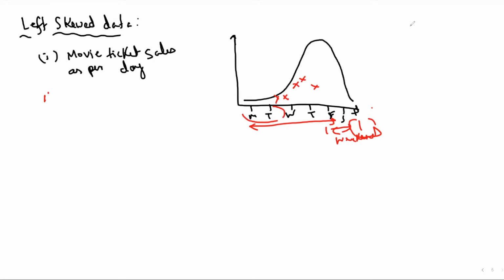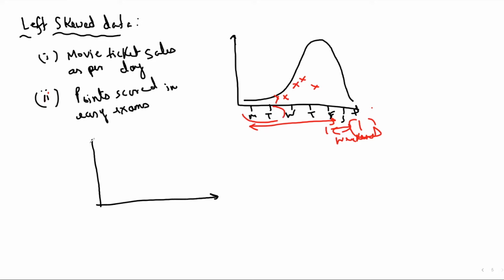One more example, let me change the color. One more example can be points scored in easy exams. Right skewed was points scored in a difficult exam. This one is points scored in easy exams. So if I draw the graph, most of the guys will be able to score good marks in an easy exam.